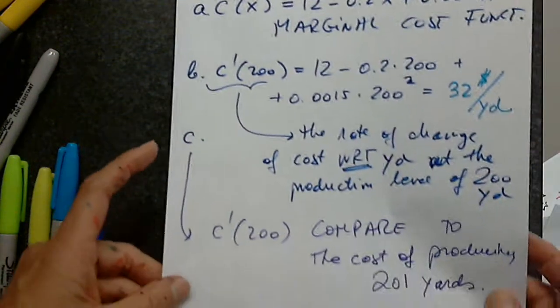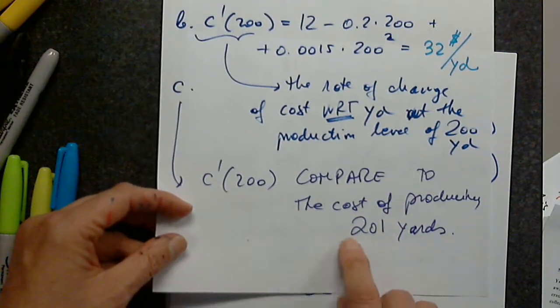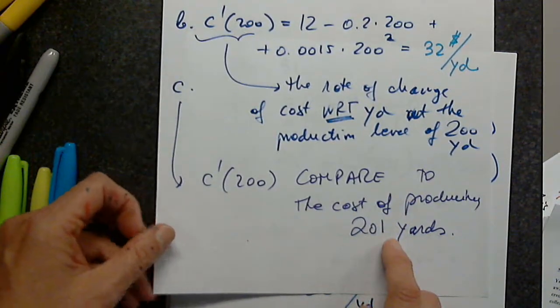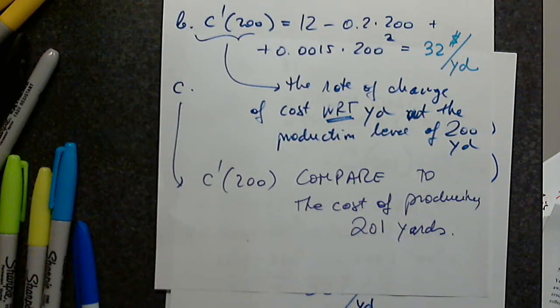Okay, one more time. To determine the cost of the 201st item, I say this. When I manufacture 200, I get A. When I manufacture 201, I get B. How much was the increase in cost when I changed from 200 to 201 is the difference between the cost of 201 minus the cost of 200.